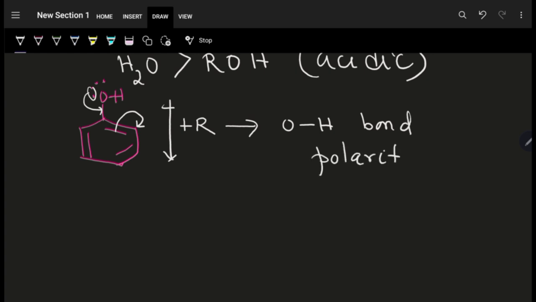Whenever the electron density moves away from the oxygen atom, then only oxygen-hydrogen bond polarity increases. And we can see over here the electron density moves away from the oxygen atom and goes to the benzene ring, for which, on account of the plus R effect, the oxygen-hydrogen bond polarity has increased.